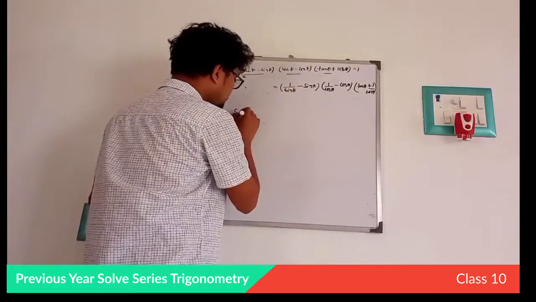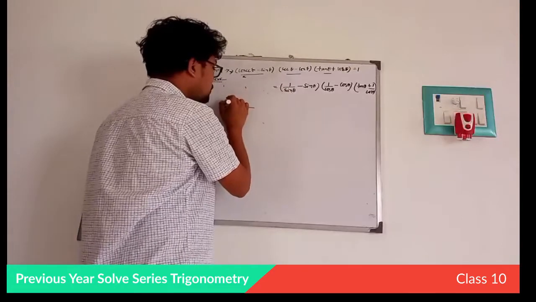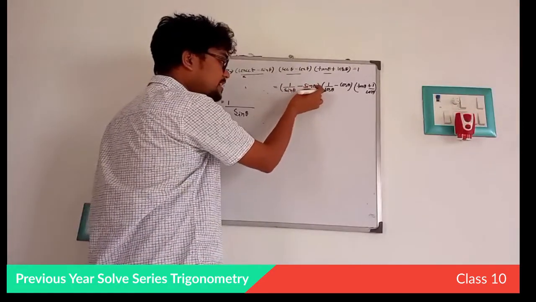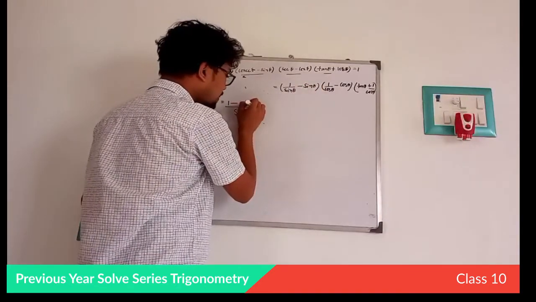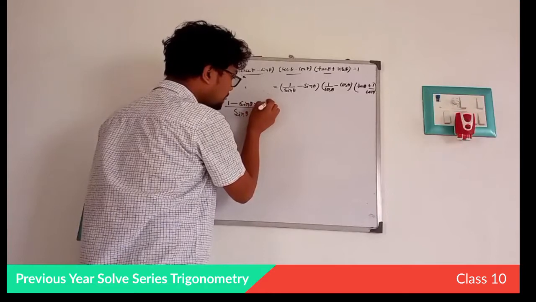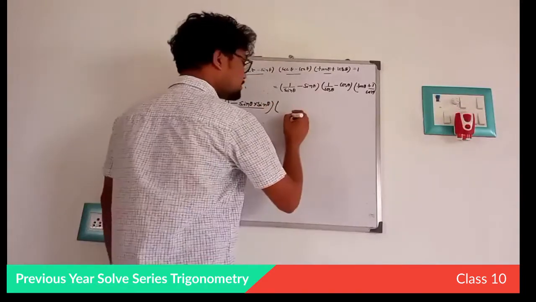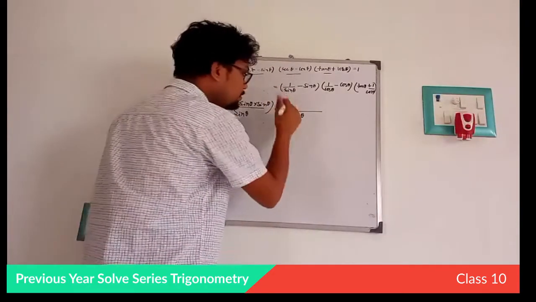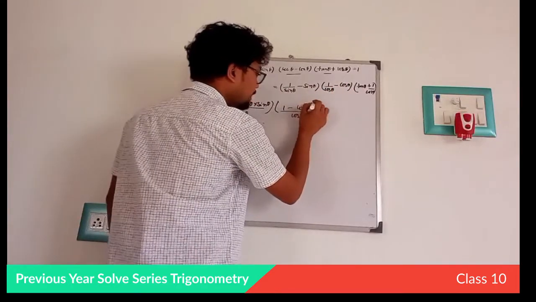LCM is sin theta. Sin theta divided by sin theta is 1. So 1, and sin theta divided by 1 is sin theta, so sin theta into sin theta. Then in the next bracket the LCM is cos theta. So 1 minus cos theta into cos theta, that means cos square theta.